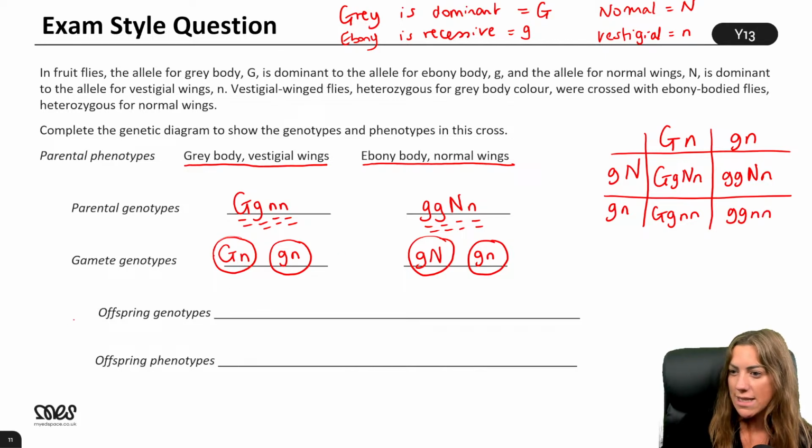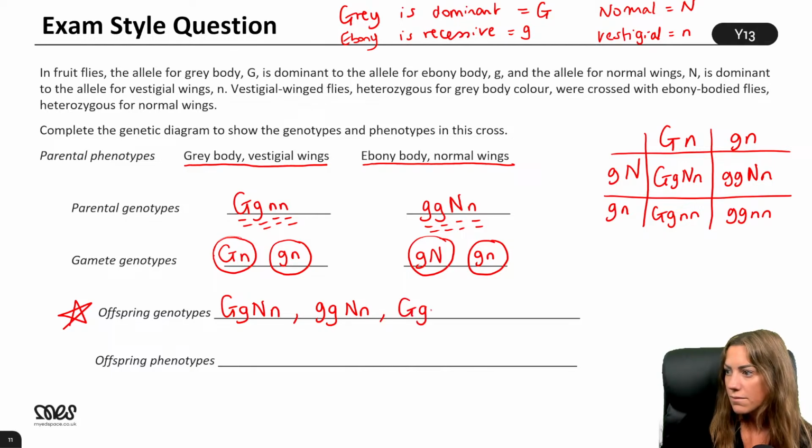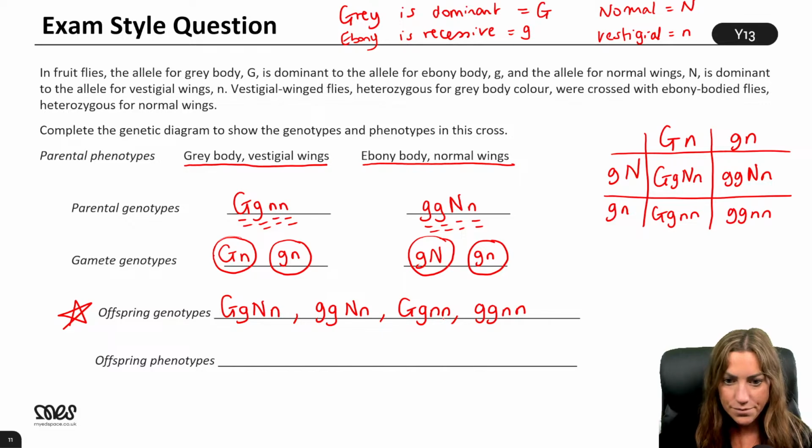So offspring genotypes, quite often in the exam, it does this, right? It gives you a line to write them on. So please do that. Don't just leave it in the table. Actually write them out and check you're writing them out correctly. Okay.